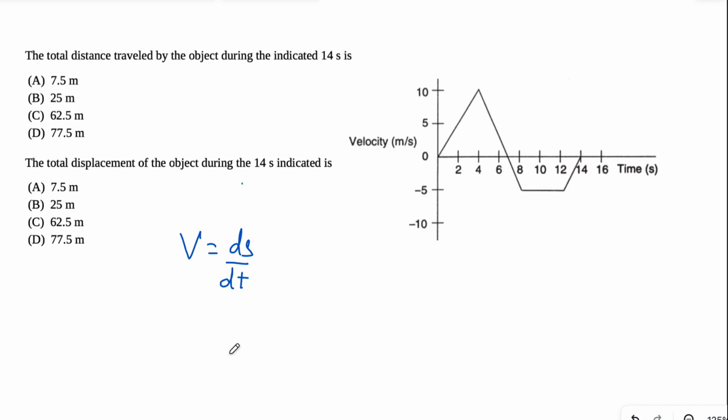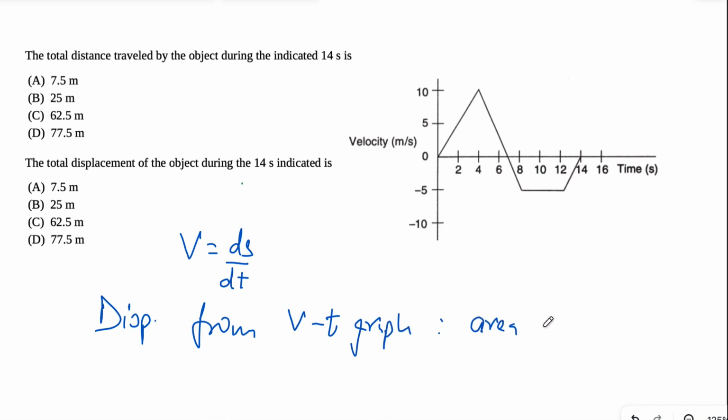So if we were to do the reverse, we need displacement from the velocity time graph. For that, we'll take the area under the curve. So one was differentiation, this is integration, area under the curve. Okay, so we'll take the different regions between 0 and t is equal to 7.